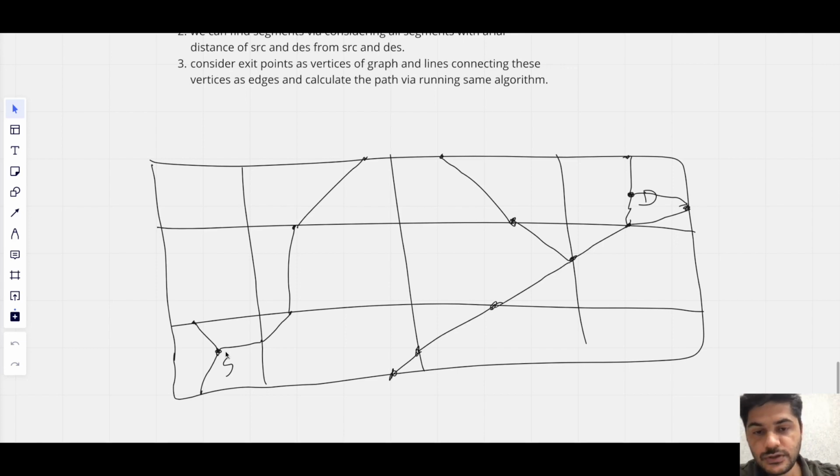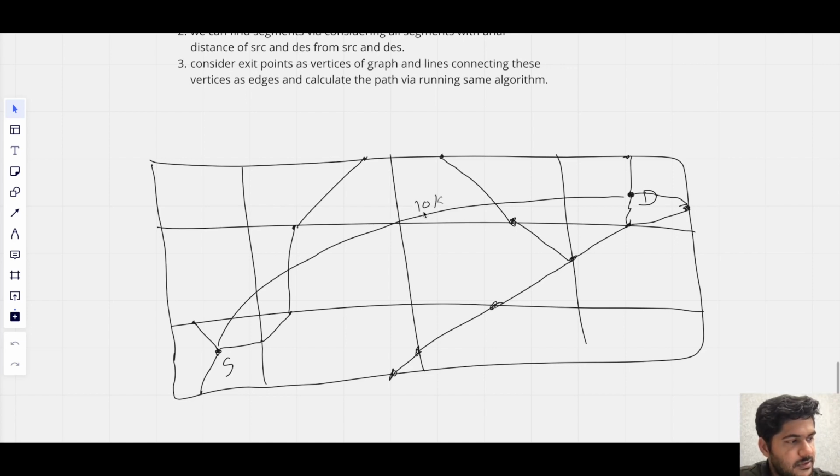So first we find out what is the aerial distance between S and D, and to do aerial distance there is basically a geometrical formula. So first we will find out the aerial distance between this and this. Let's suppose that aerial distance is 10 kilometers, or 20 kilometers, whatever.